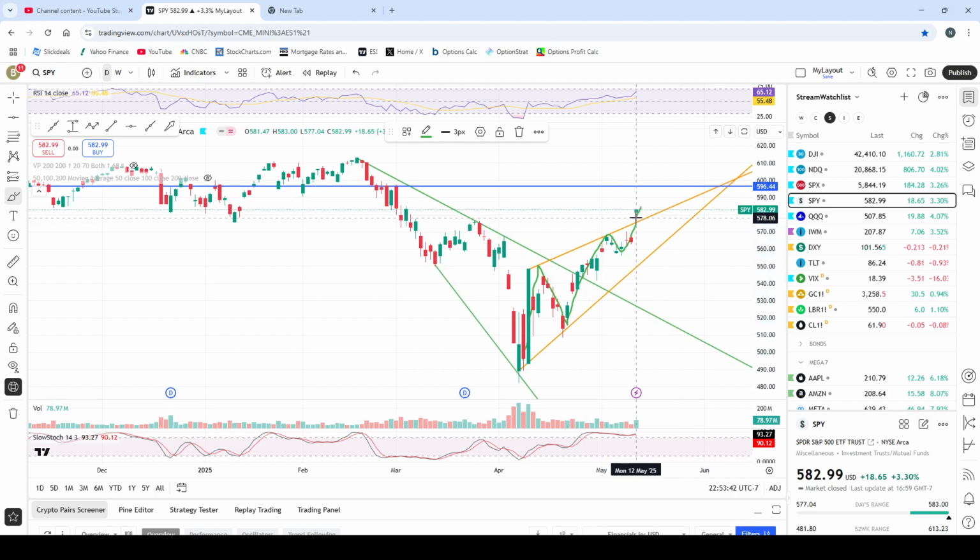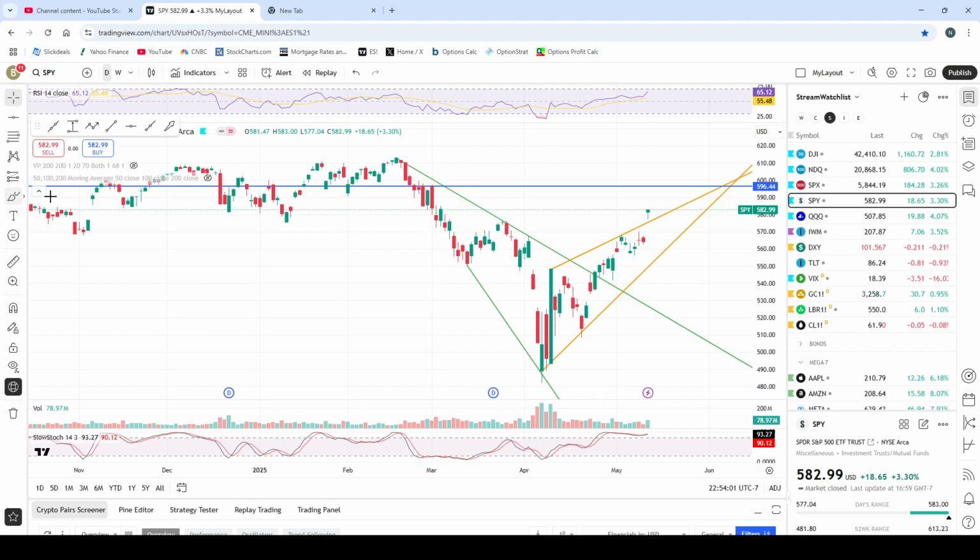For example, oops, so take this away. So here you can see this is like a flagpole, and this is the flag.